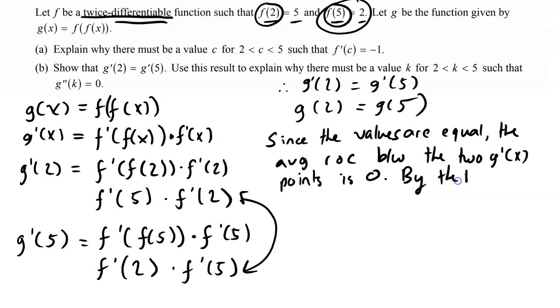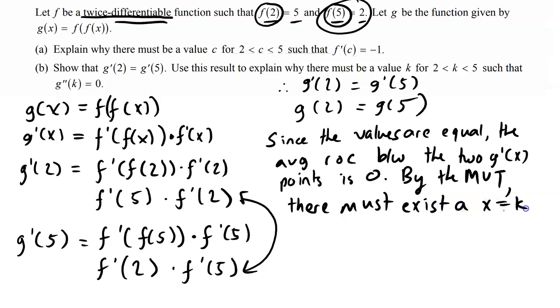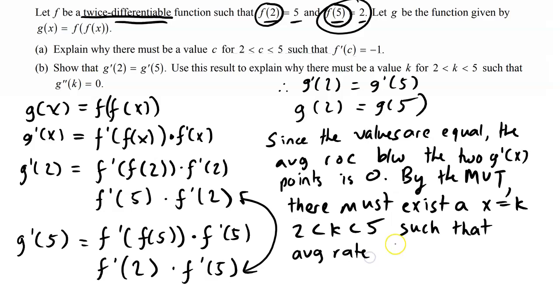By the mean value theorem, which we can use because the function is twice differentiable, so we can differentiate it again and still get the same result, there must exist an x equals k where this condition holds, such that the average rate across this interval, between x equals 2 and 5, must equal 0.